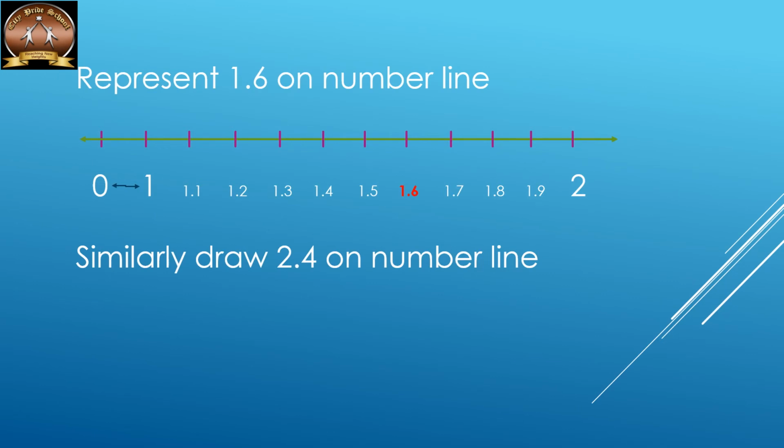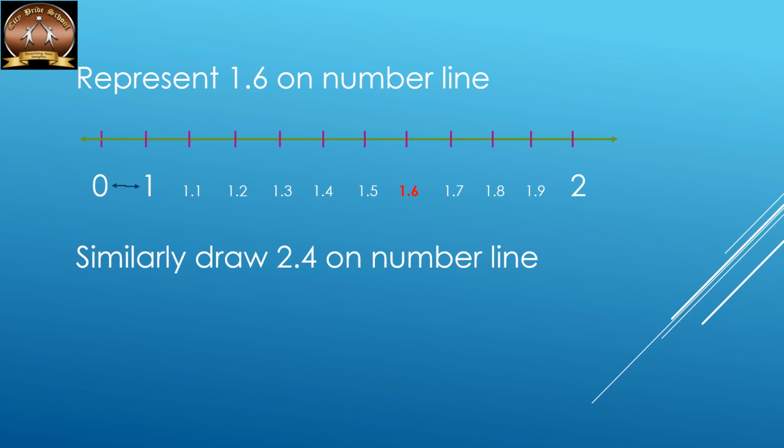See here, children, to represent 1.6 on a number line: which is the whole number part over here? 1, that is the left hand side of the decimal point, and the right hand side 6 is the decimal part, that is nothing but 6 out of 10.